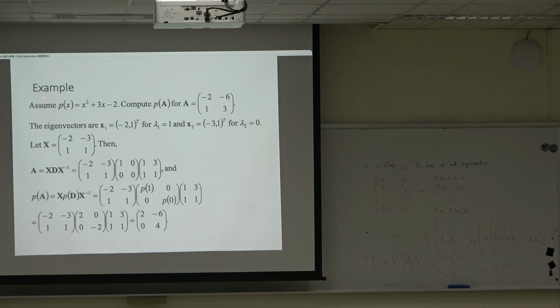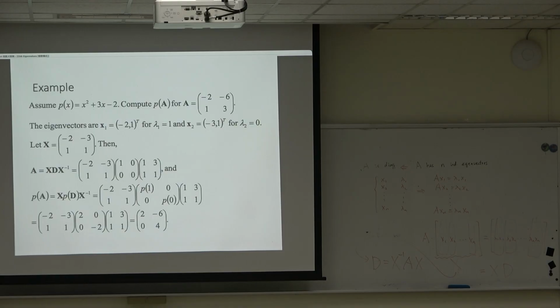Here is an example. P of x equals x squared plus 3x minus 2. We want to compute P of A, where A is like that. If I were you, if you see this in an exam, I suggest you directly compute A squared, A times A, plus 3 times A minus 2 times the identity matrix.